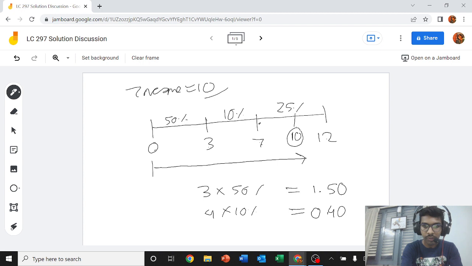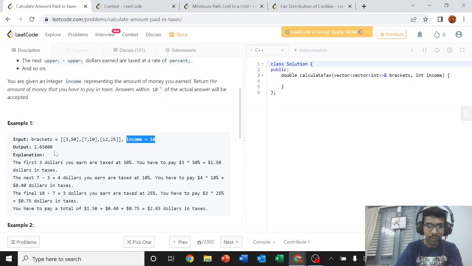So we need to consider the interval 7 to 10, not 7 to 12. So 7 to 10, we have 3 values at a rate of 25%. That is going to be 0.75. If we add this up, 1.5 plus 0.4 plus 0.75, it's going to be 2.65.